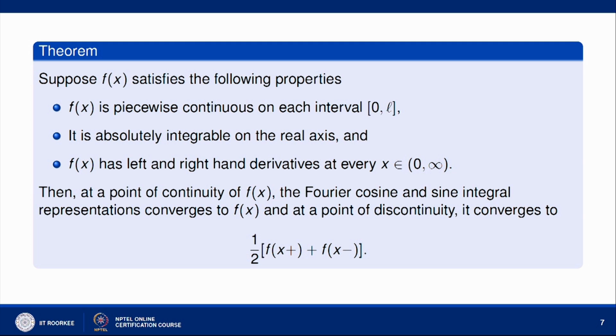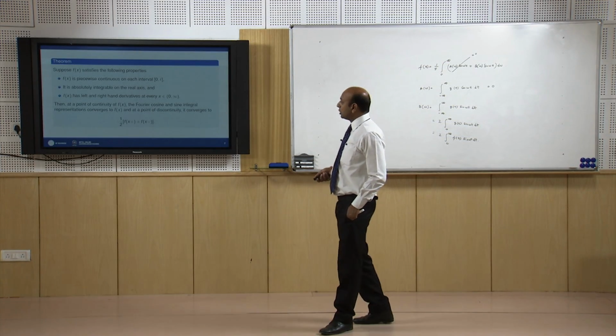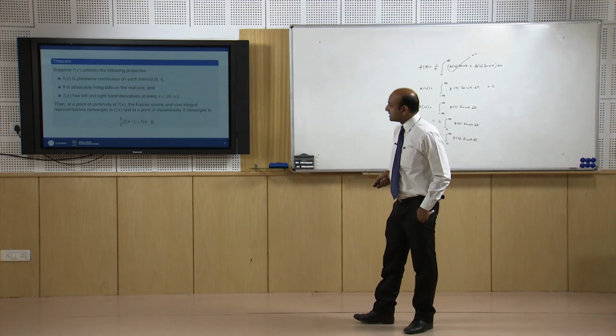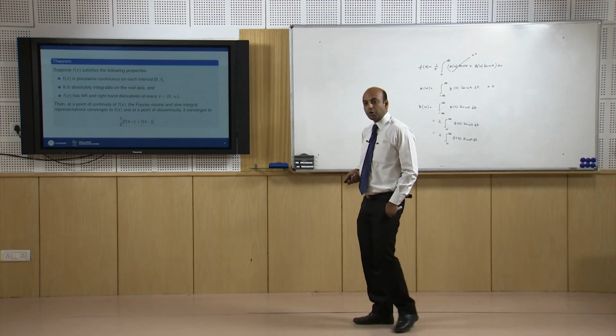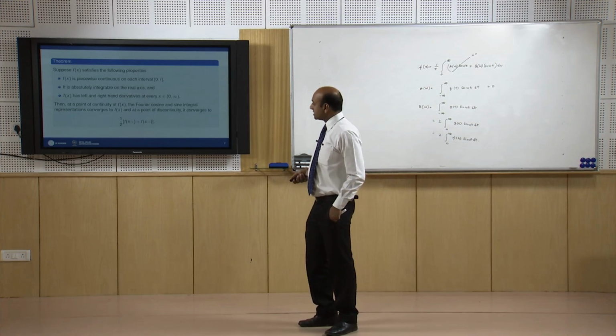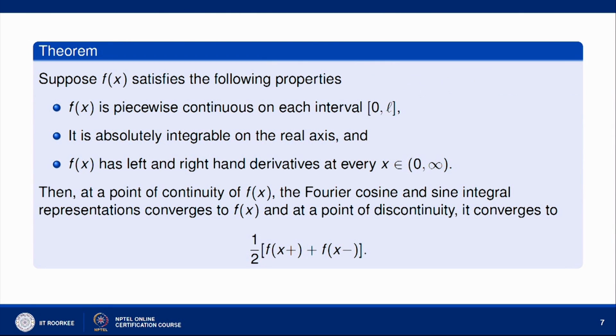This is the condition we should assume so that the Fourier integral representation exists. Then at a point of continuity of f(x), the Fourier cosine and sine integral representations converge to f(x), and at a point of discontinuity they converge to the average of the left hand and right hand limits at that point.